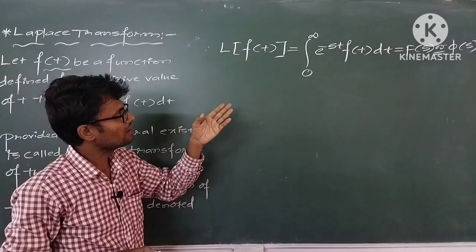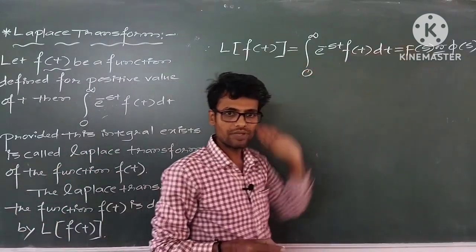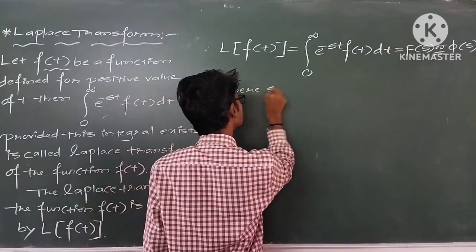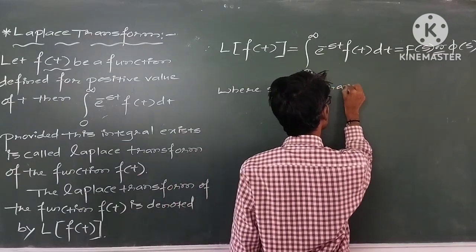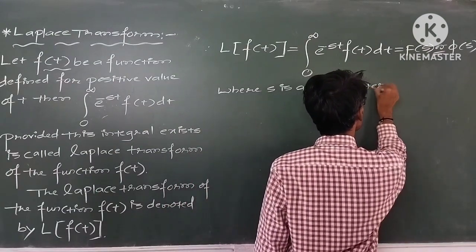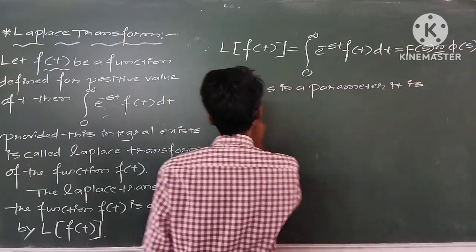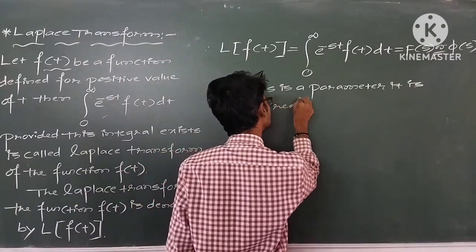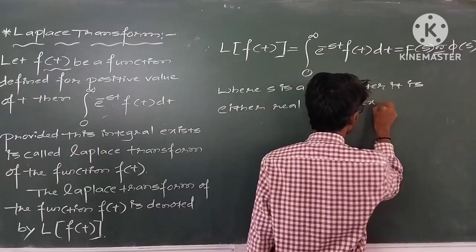Either way, the Laplace transform of the function f of t is equal to F of s or phi of s, where s is a parameter. S is a parameter, either a real or complex number.